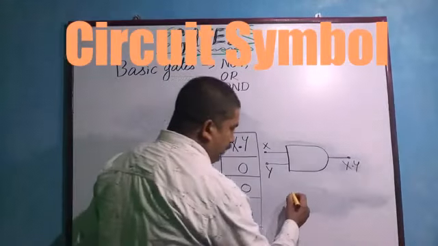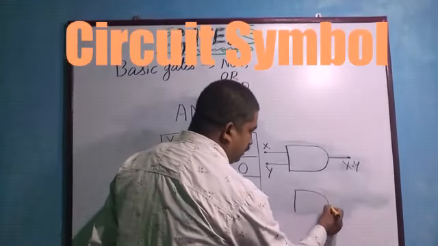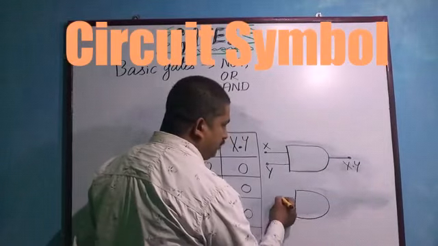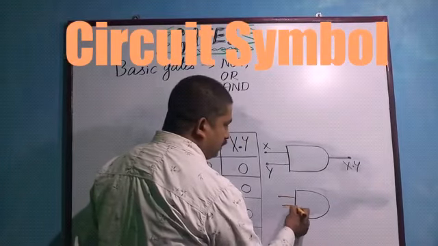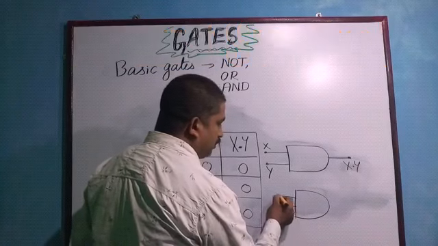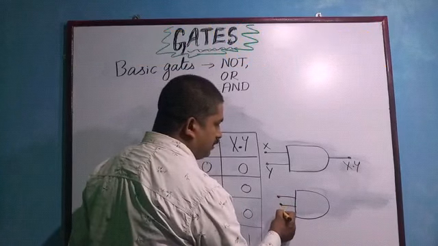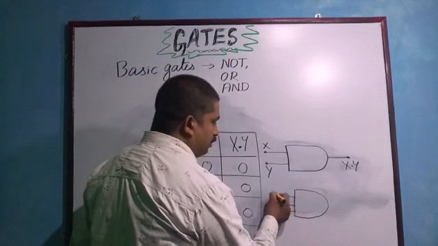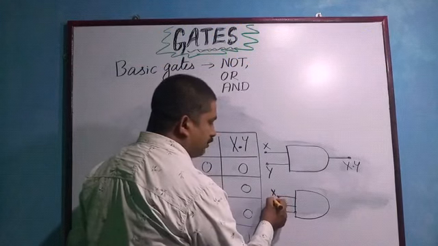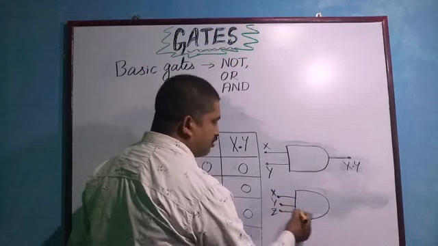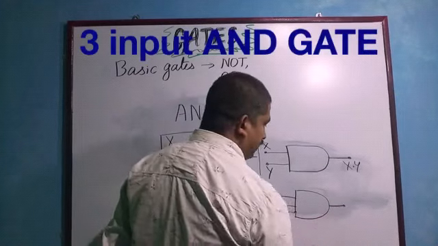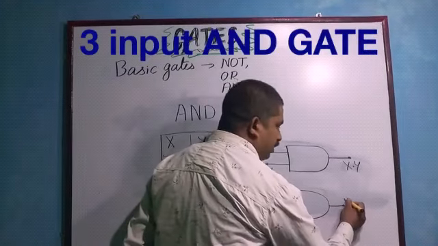If there are 3 inputs, just draw the diagram like this. So this is 3 input. You can write X, Y, Z. Then what is the output?